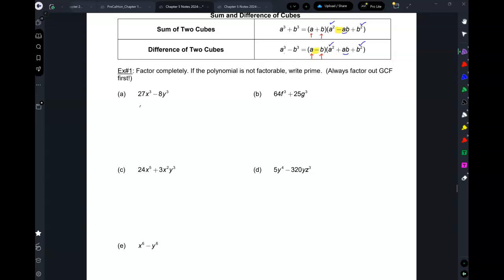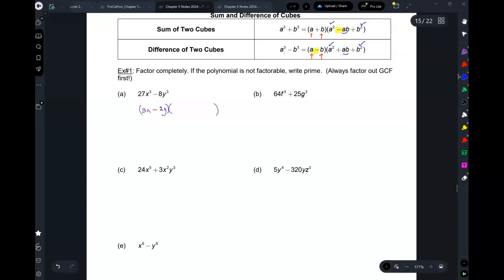Okay, so now look at what you do. Cube root of the first one, 3x. Cube root of the second one, cube root of 8 is 2y. Because there is a minus here, the minus goes there. Now you're done with negatives. You've spent your negative token.